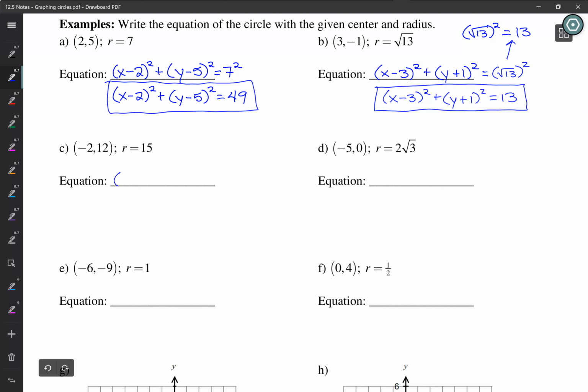All right, we've got x opposite of -2 is plus 2 squared plus y opposite of 12 is minus 12 squared equals 15 squared. 15 squared is 225.